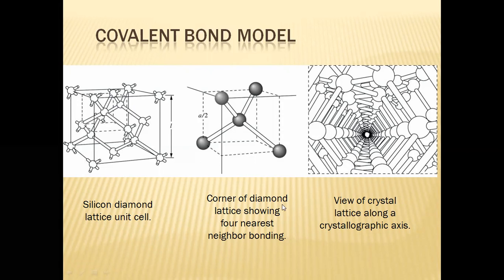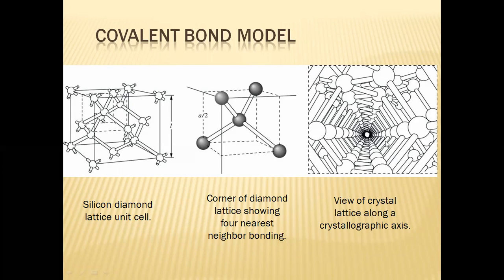At the corner of the diamond lattice, it shows four nearest neighbor bonds, and similarly four different similar lattice structures. This is the view of the crystal lattice along the crystallographic axis.